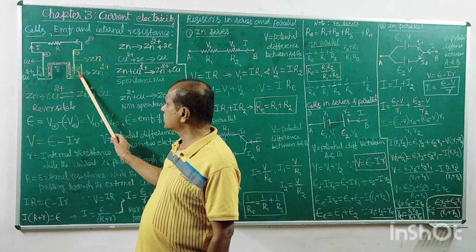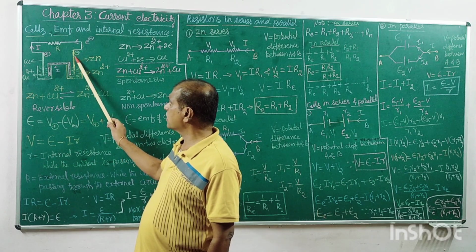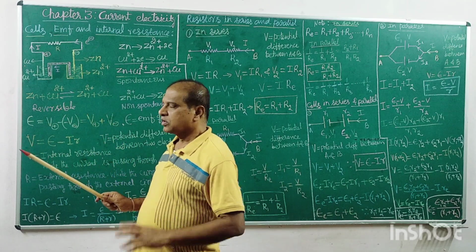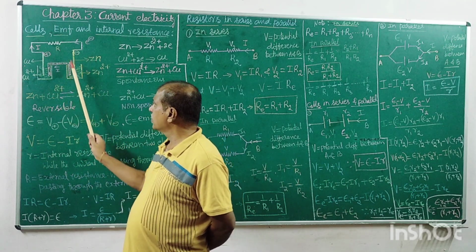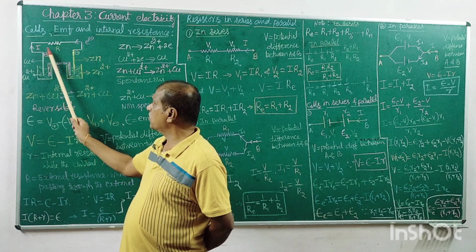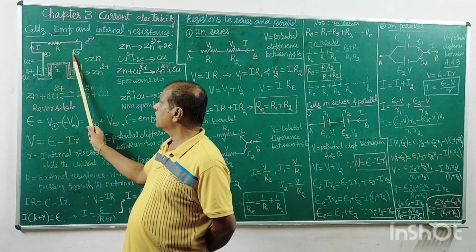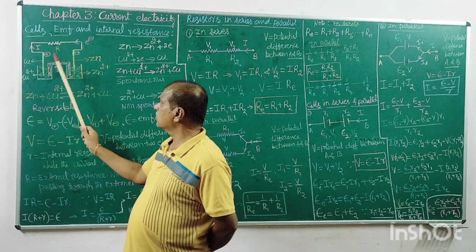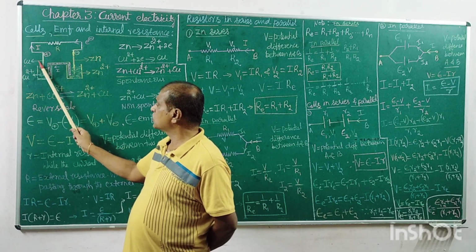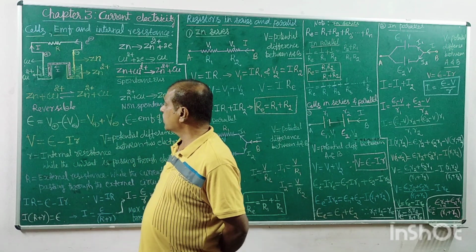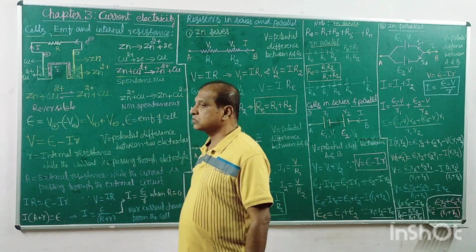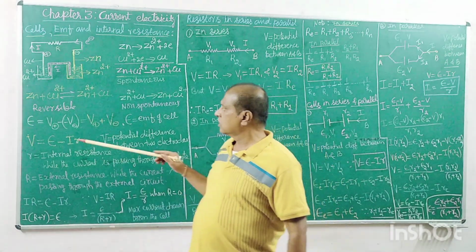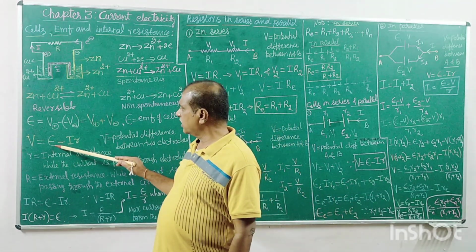And some zinc ions dissolve and attain a negative potential. By itself, some negative charges are accumulated here and positive charges are accumulated there. These are potentials. The difference between these two potentials is the electromotive force. That is electric potential energy, given as EMF with the symbol epsilon.